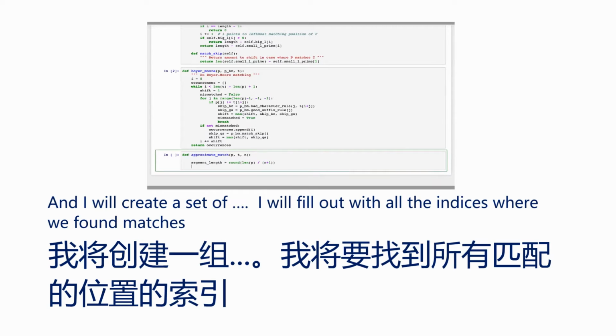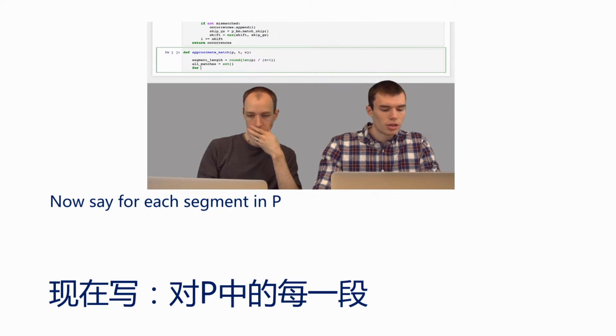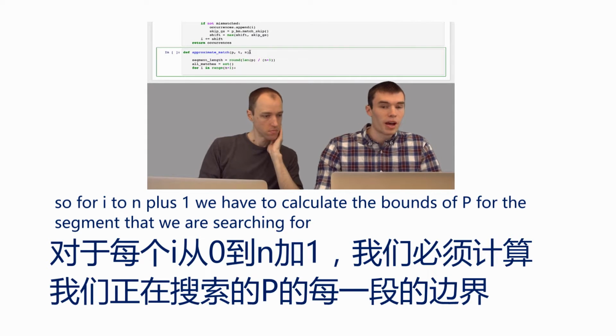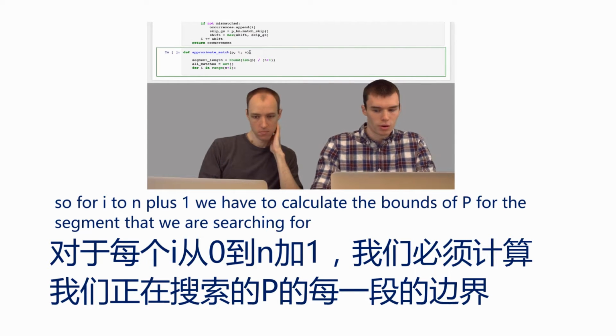Just like that. And then we'll create a set that we'll fill out with all of the indices where we found matches. Now for each segment in P, so for i up to n+1, we have to calculate the bounds of P for the segment that we're searching for.